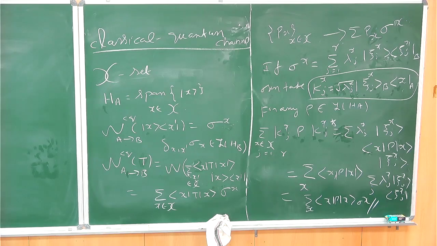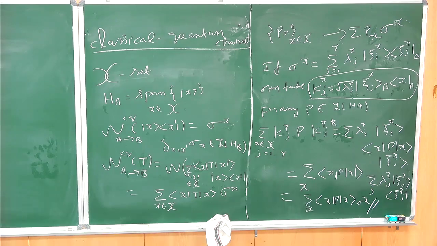So this lambda_j times this will add up to 1. So this is the summation xx, which is equal to the identity operator. So these are the Krauss operators. From these Krauss operators, you can construct the Stinespring dilation. You just have to append a Hilbert space of dimension r, and then you can compute. That's an exercise.